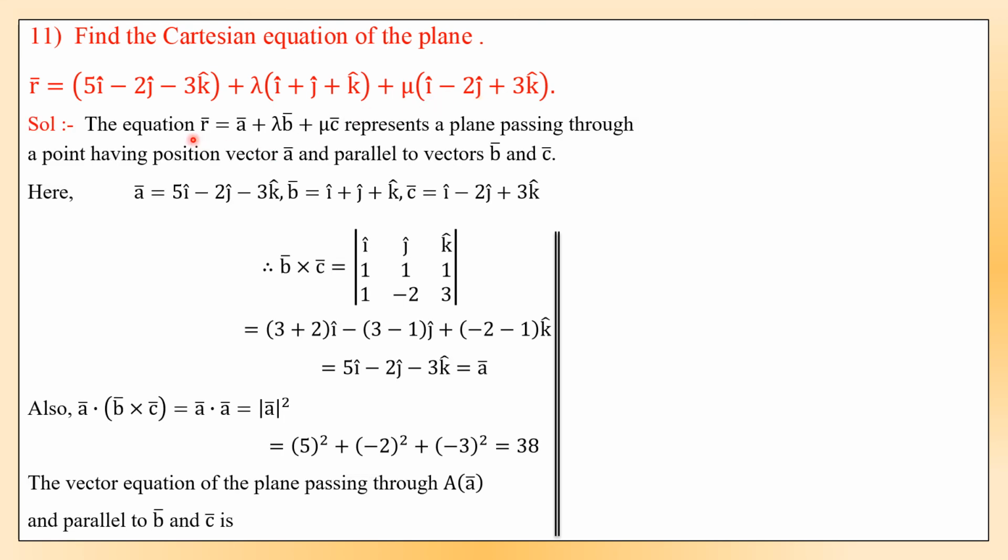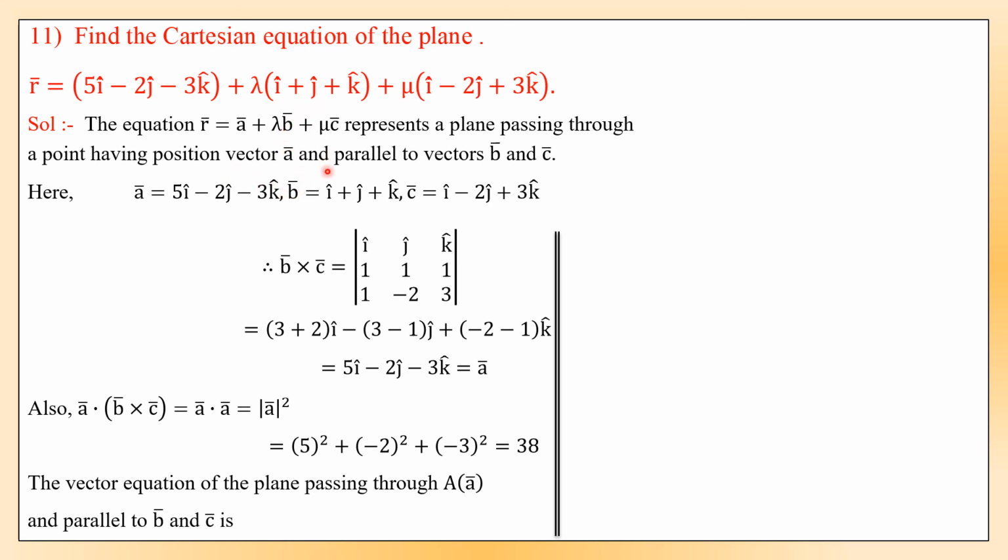Solution. The equation r vector equal to a vector plus lambda b vector plus mu c vector represents a plane passing through the point having position vector a vector and parallel to vectors b vector and c vector. Hence a vector equal to 5i minus 2j minus 3k.